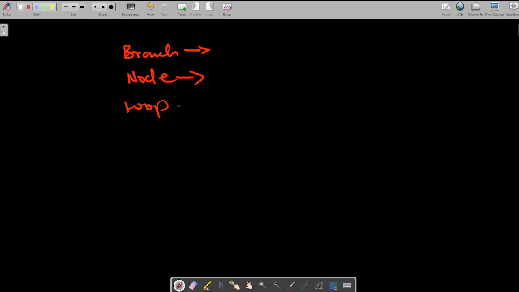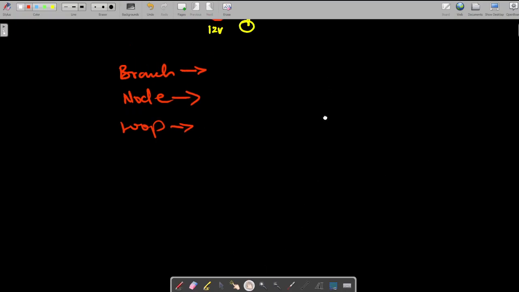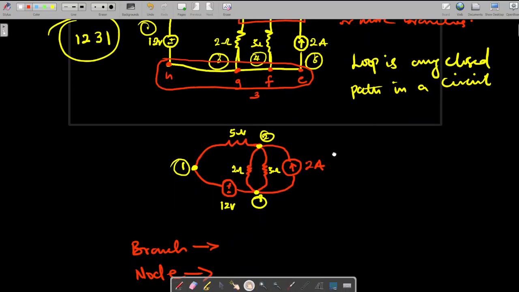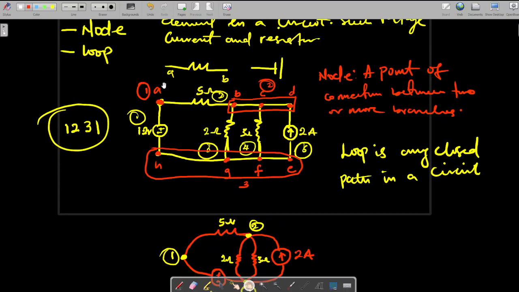Now, there's something I forgot to tell you about this. The example we have earlier, let me just go up. If you look at the loops that we have here, they can be broken further. Are you getting it now? So any loop, for example, if I move from A and I move like this down back to A, such a loop can still be broken into further loops.